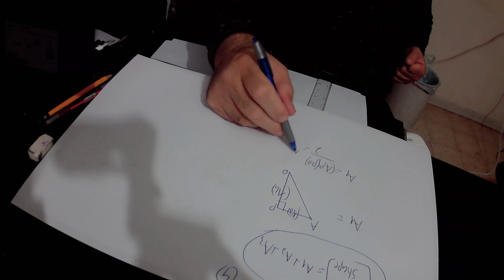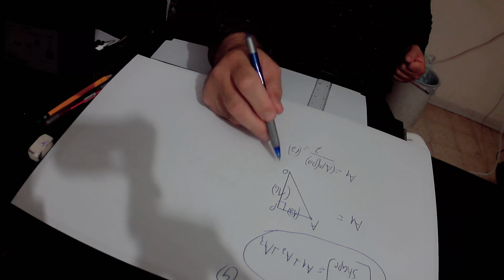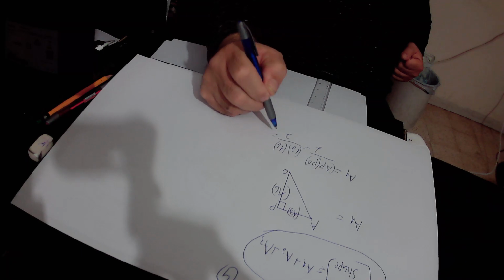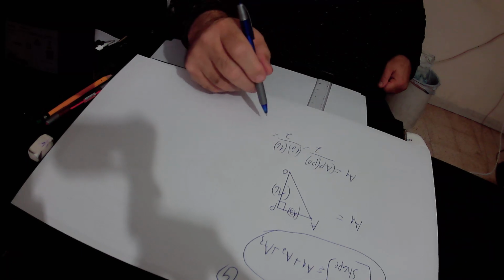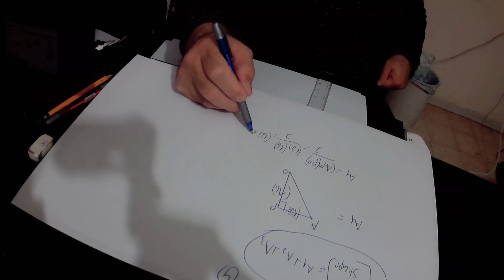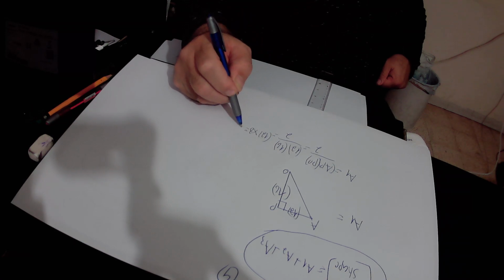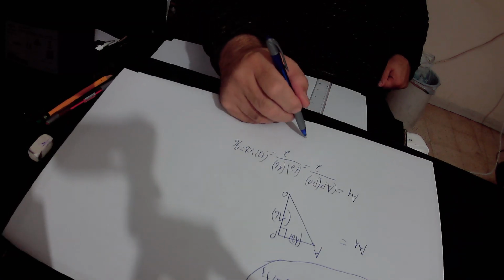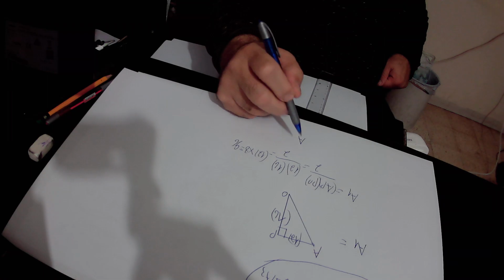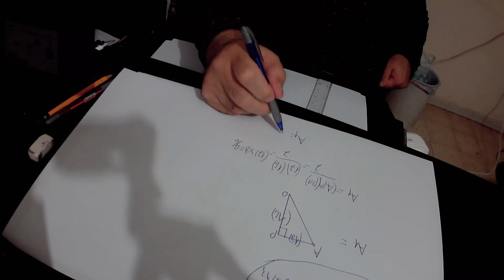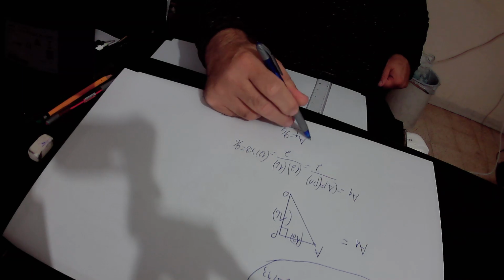AP is 12, times PO is 16, over 2. 16 over 2 is 8, so in total this expression equals 12 times 8. 12 times 8 is 96. So in conclusion, the area of A1, that is the area of the right triangle APO, equals 96 square units.